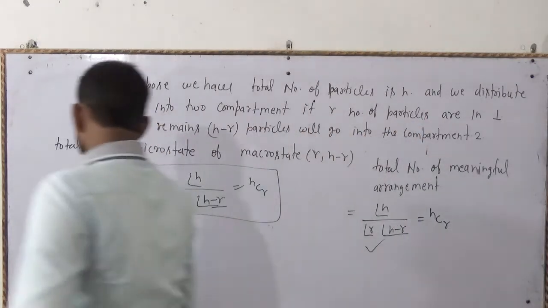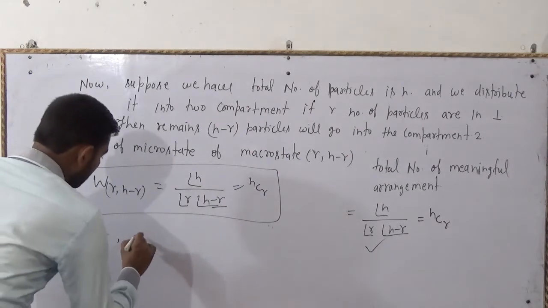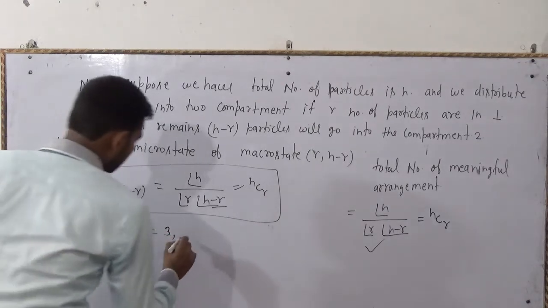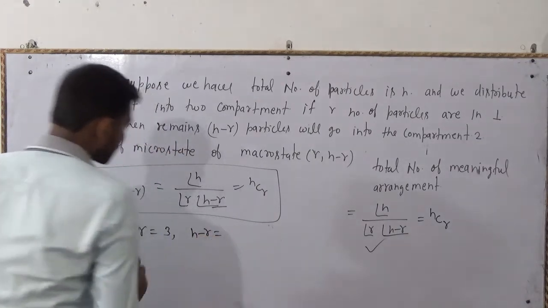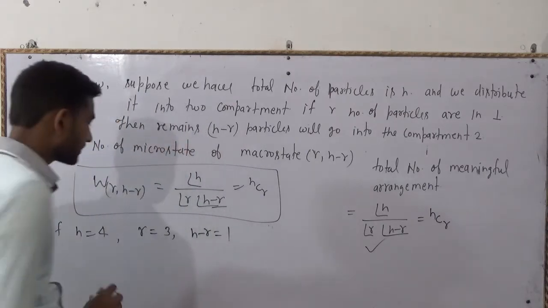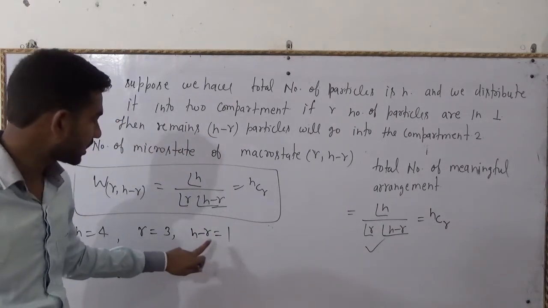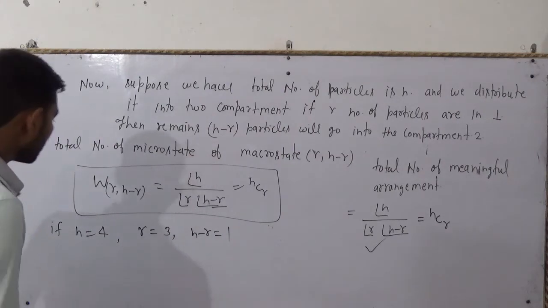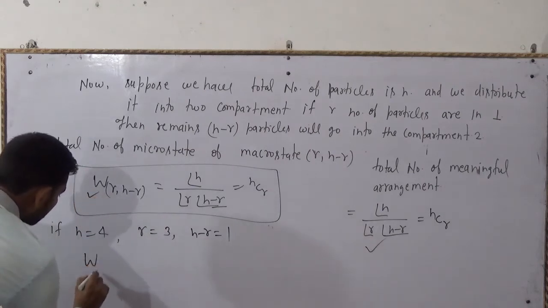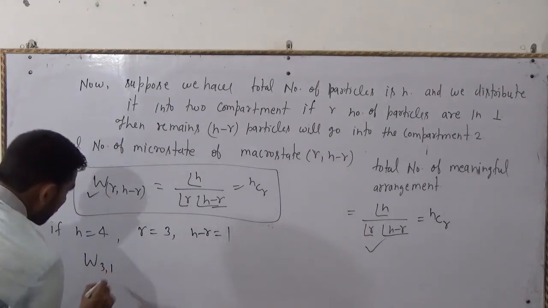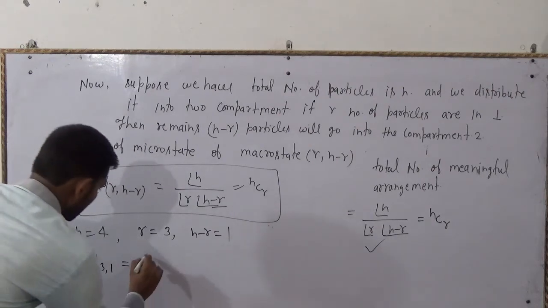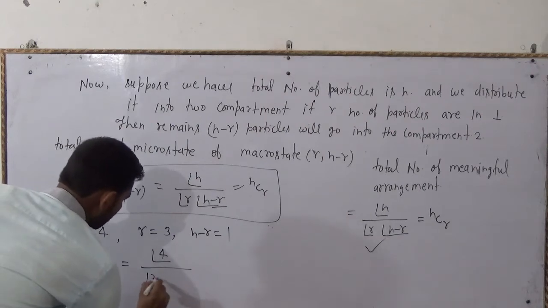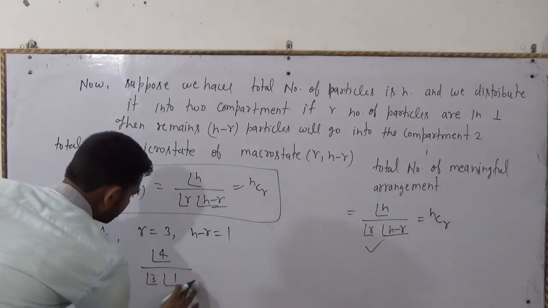So if n is equal to 4 and r we are taking here as 3, then what will n minus r be? Then n minus r will be 1. So with the help of this formula, W(3,1) is equal to factorial 4 upon factorial 3 into factorial 1.